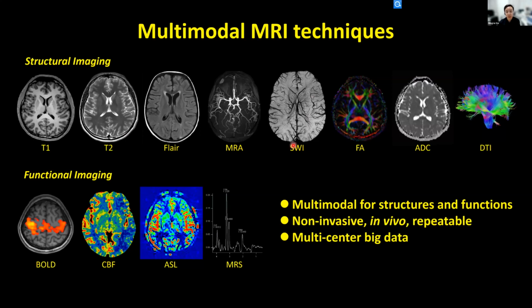Because MRI imaging is a non-invasive, in vivo, and repeatable measurement, it is particularly beneficial for investigating the brains of healthy people and patients with mental illness. More importantly, to date, the accumulation of multi-center MRI big data offers us a great source to investigate the brain networks.